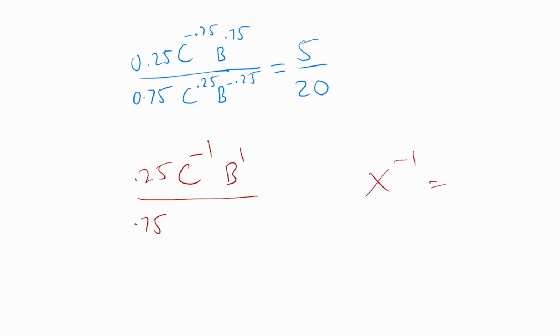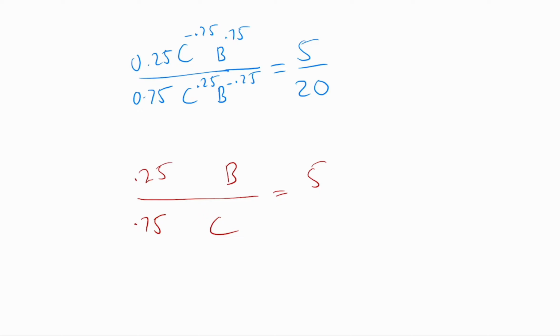So here the c to the negative 1, you could think of that as just being c on the bottom. Alternatively, you could think of this as 0.25 minus this negative 0.75. Same thing, that's just going to be a c on the bottom. So in either case, this whole complicated looking left-hand side just ended up simplifying to 0.25b over 0.75c.